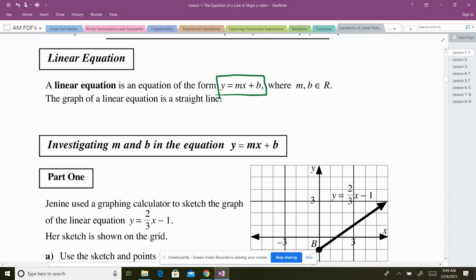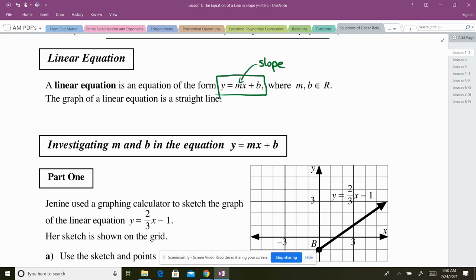You learned it yesterday. Little m, right? Is there a little m in here? Yes. So this equation has slope in it. It's telling you the slope.